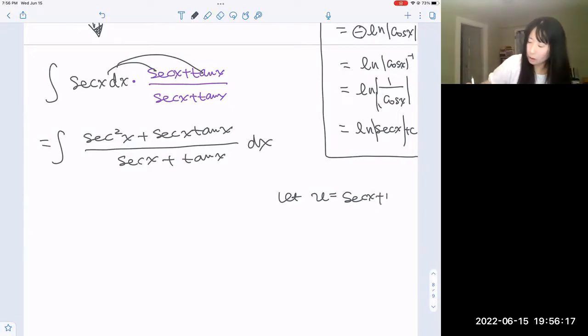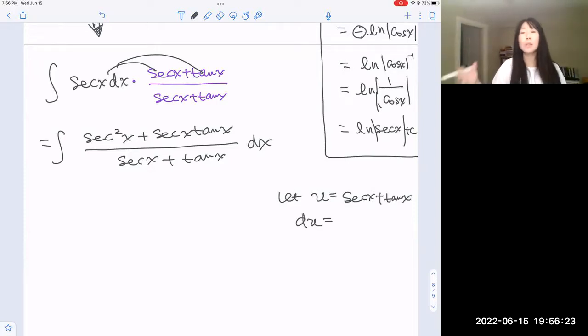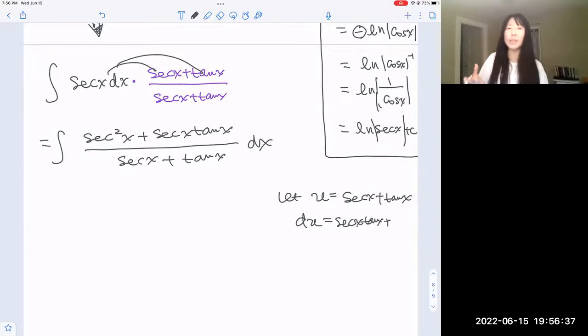All right, derivative, what do you get? Turn by turn. What's the derivative of secant? It will be secant x tangent x, excellent. And what's the derivative of tangent x? Secant x squared, right? As we did earlier.